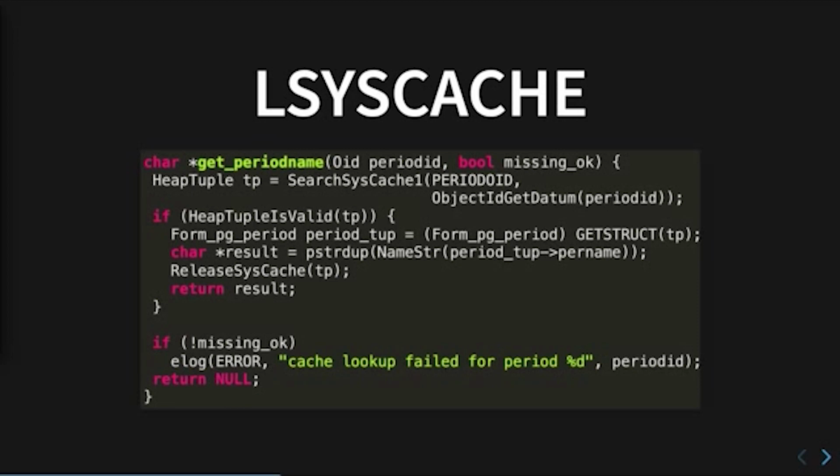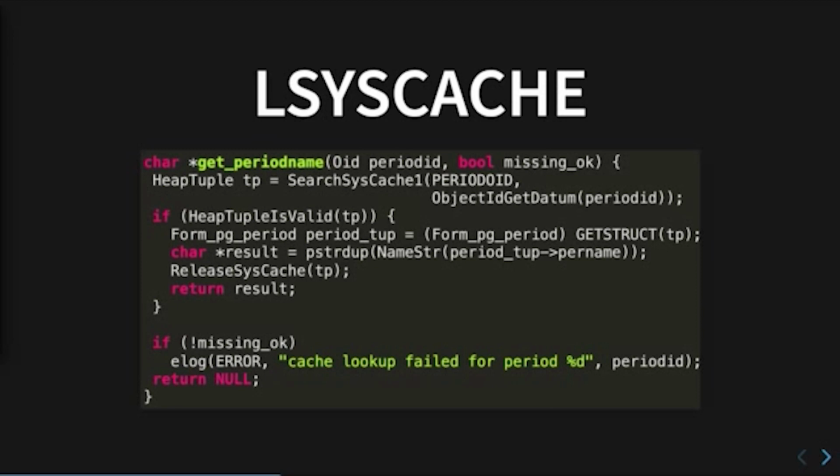And basically, every function in lsyscache looks the same way. It's going to search the syscache, pull something off of that struct, release the syscache entry. It's very common to see this pattern where you can fail or not fail depending on the caller's preference if you found something, and then return the result.